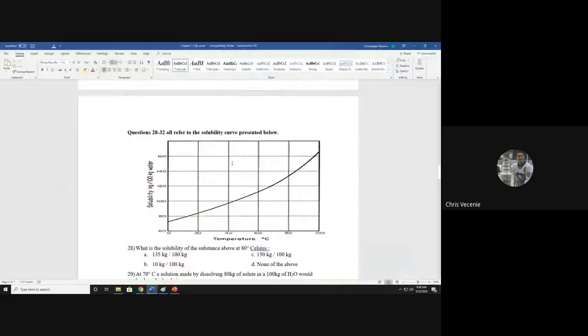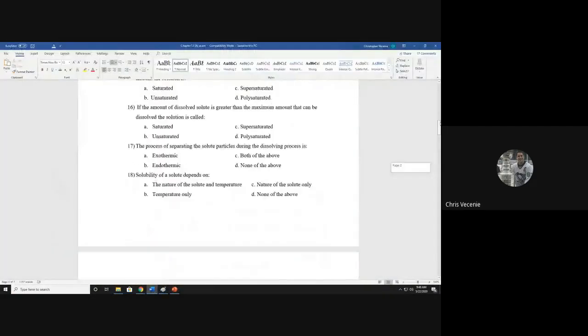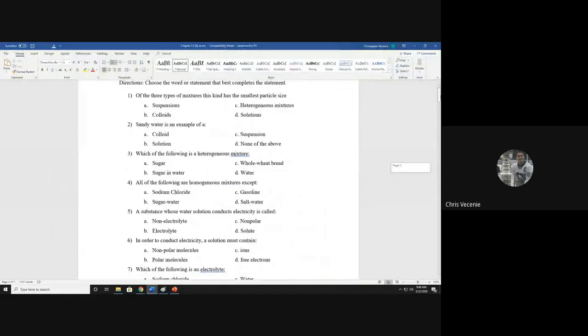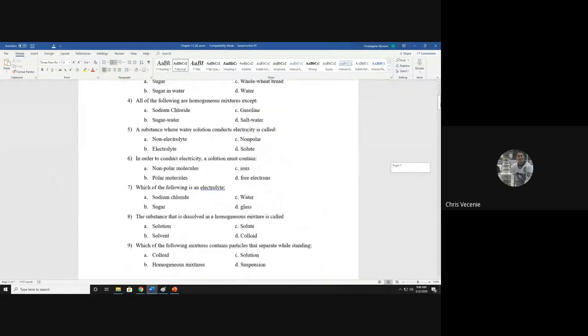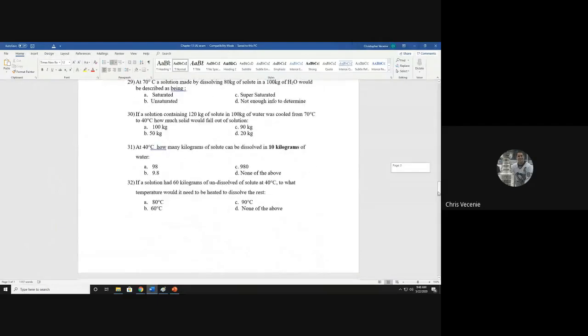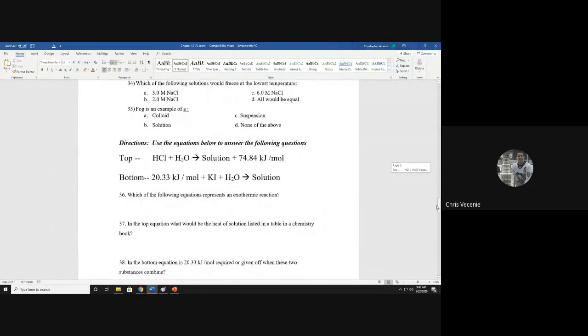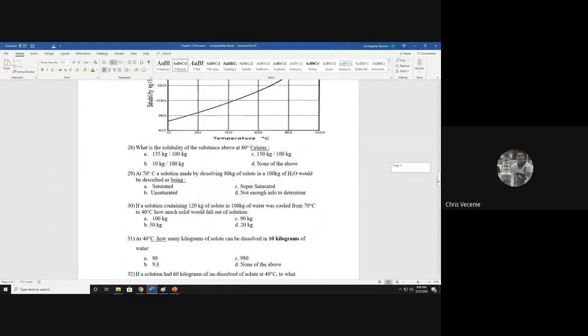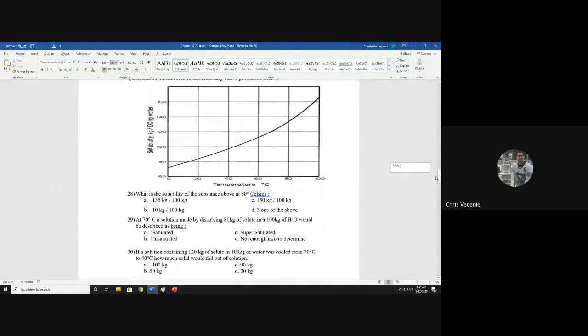If you're looking at the test itself, I should see justifications for numbers 1 through 35. And for the ones that go with the graph, if you're pulling it from the graph, it's okay to say that.